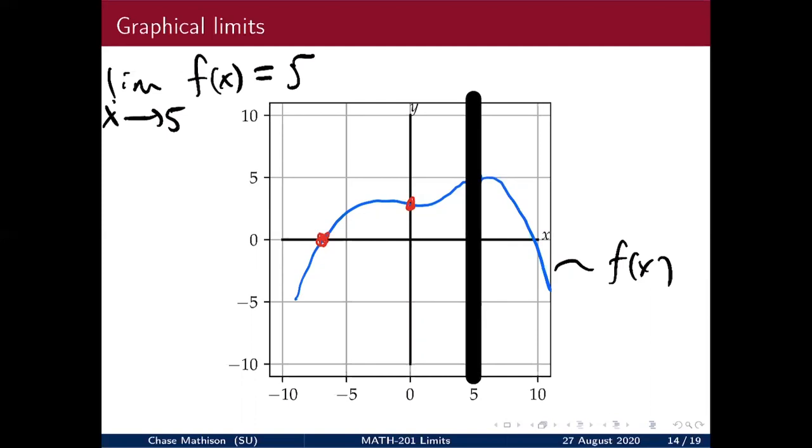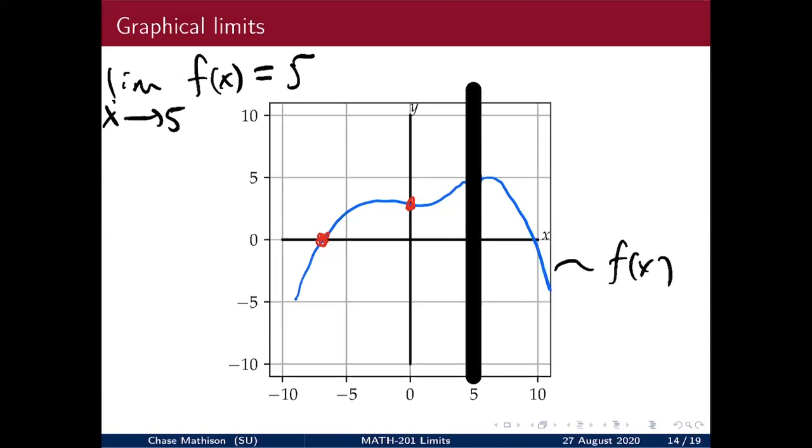It is not -5, because again, the actual value at x equals 5 does not matter. If I ask you what is f of 5, you would say -5. But for the limit as x approaches 5, you cover up what's happening at 5 to give yourself a better idea of what's happening around the point.